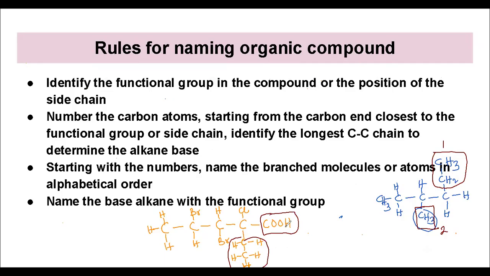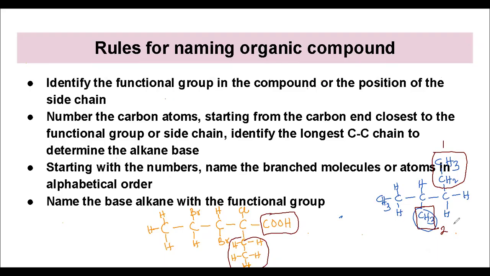In a situation where you have the two, what takes precedence will be your functional group. I'll say that again. When you have a side chain group and a functional group mixed together in an organic compound, what takes priority for the naming of the organic compound will be the functional group, not the side chain group.